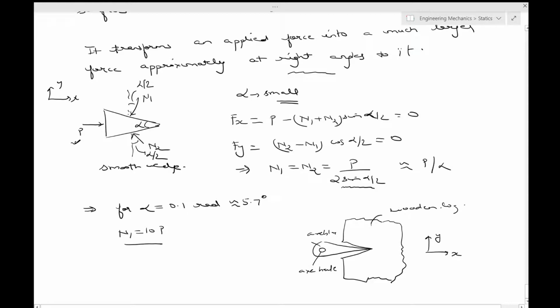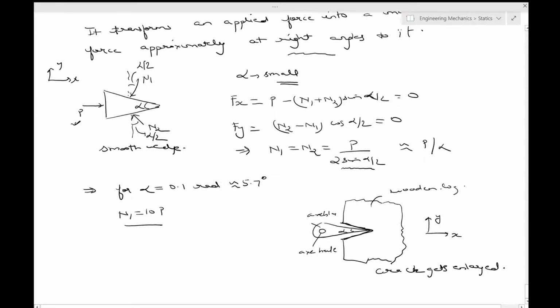So we with our hands can only apply a small force P, and then N would become very large, and the crack which you have, this is the crack, this gets enlarged. Okay.